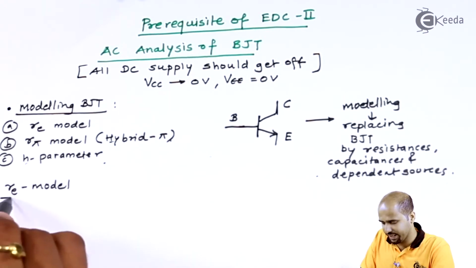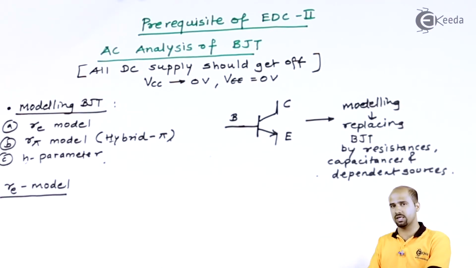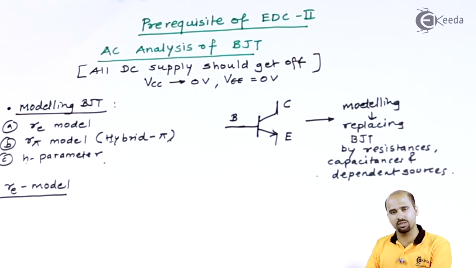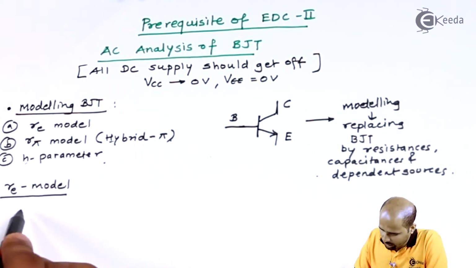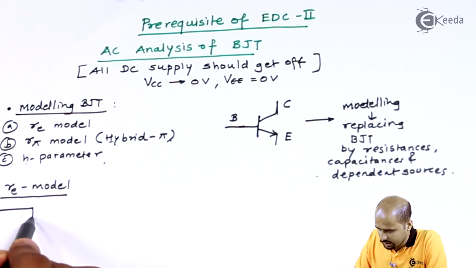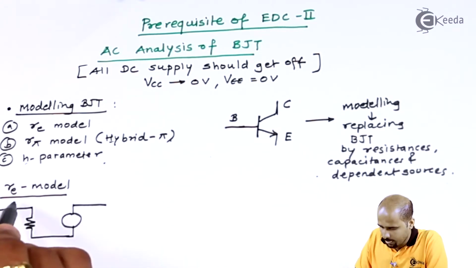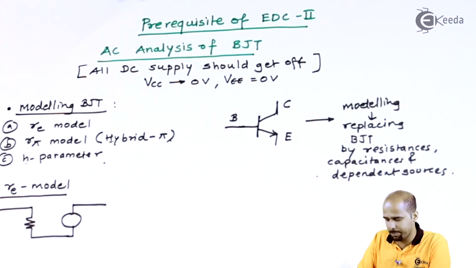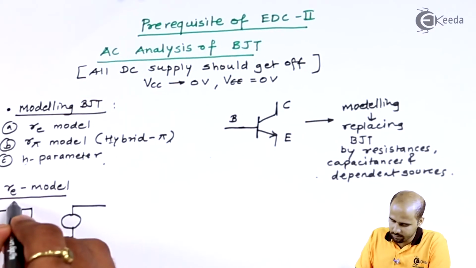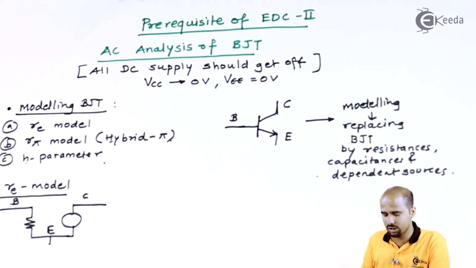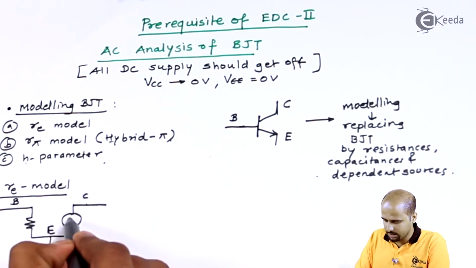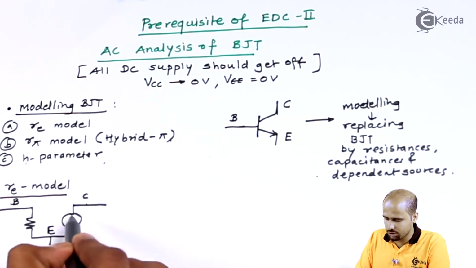We'll not go into detail, but at last we will make a comparison of these three models, and we'll make the relation between a few parameters related to them. The RE model is where this BJT is completely replaced by this particular circuitry, where this is your base, this is your emitter, and this is your collector. And this is your current source.